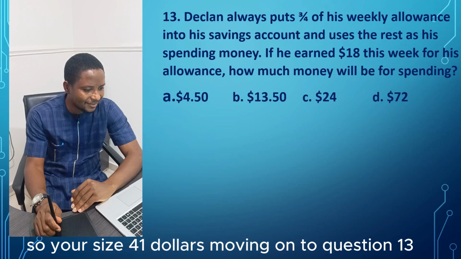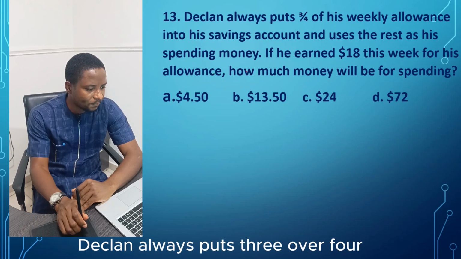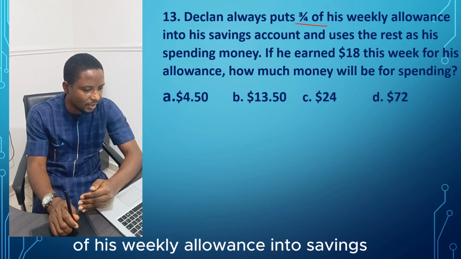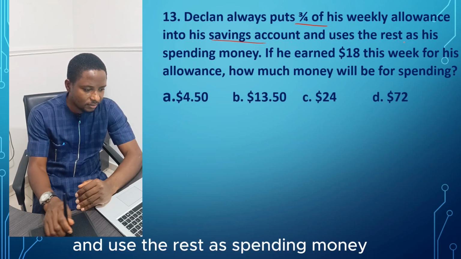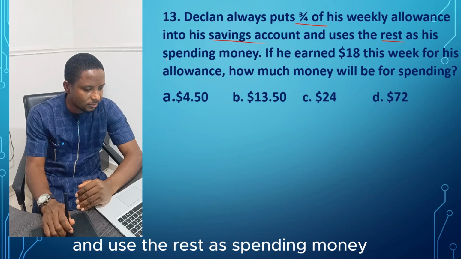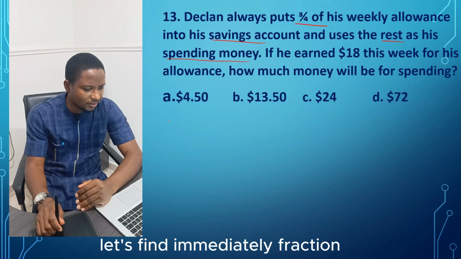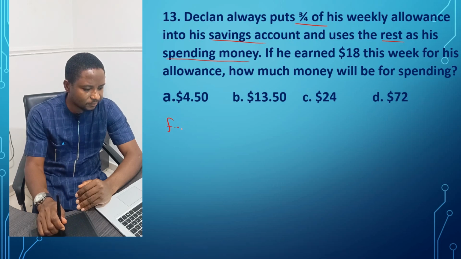Moving on to question 13. Declan always puts 3 over 4 of his weekly allowance into savings and uses the rest as spending money. Let's find immediately the fraction spent.